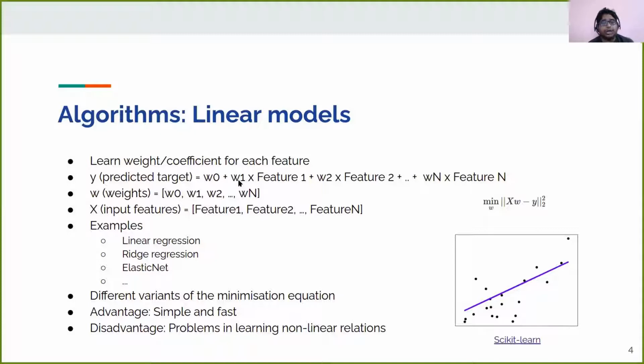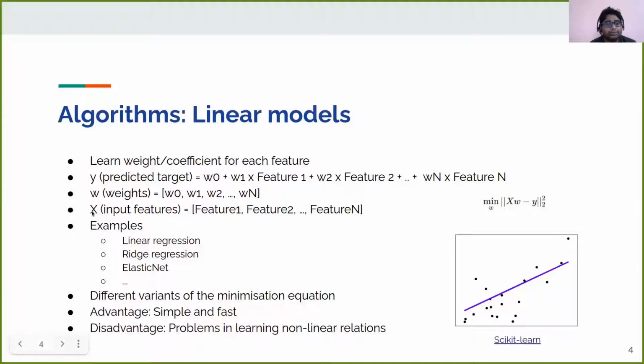These coefficients are weight 1, weight 2, and up to weight n for each feature. All these coefficients can be merged together and called weights, which is a weight vector. We can also include the bias in the weight vector, and the size of the weight vector becomes n plus 1.